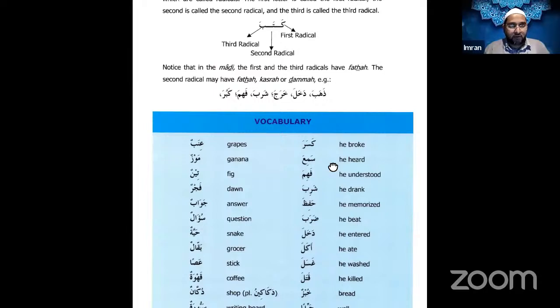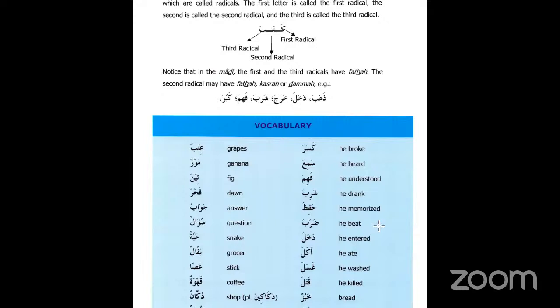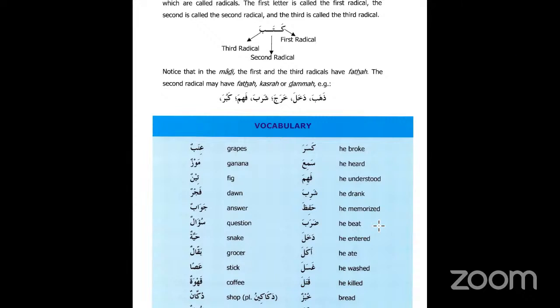Correct. Notice that in the madi, the first and third radicals have fatha. The second radical may have fatha, kasra, or dhamma. We've done this before. Dhahaba, dakhala, kharaja, shariba, fahima, kabura. Excellent.